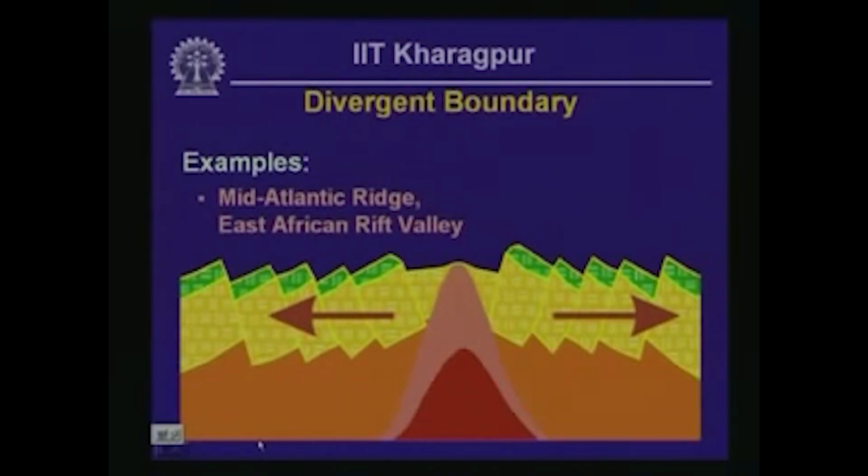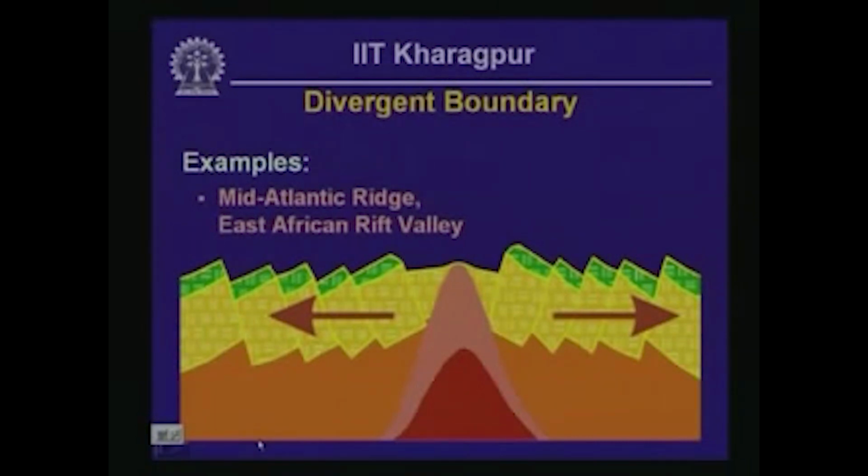No reverse faulting takes place. Basically, reverse faulting or normal faulting takes place, and an example of such type of boundary is near the southwest coast of United States.